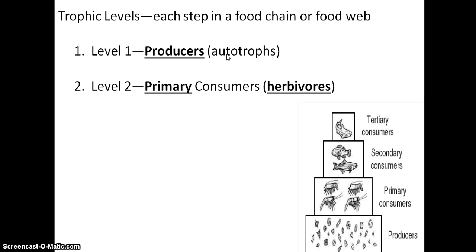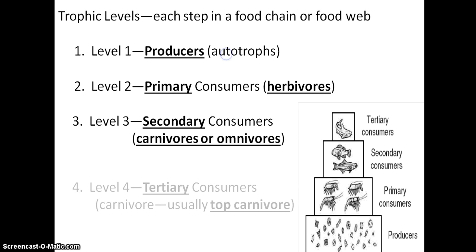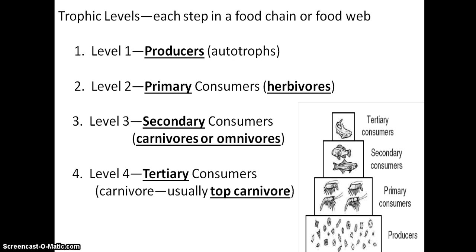Level 2, primary consumers, herbivores. Level 3, secondary consumers, which are carnivores or omnivores. Level 4, tertiary consumers, carnivore, usually a top carnivore.